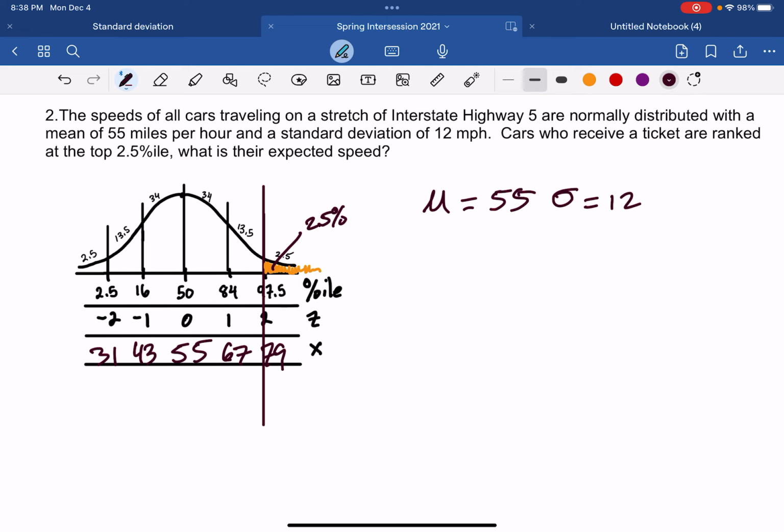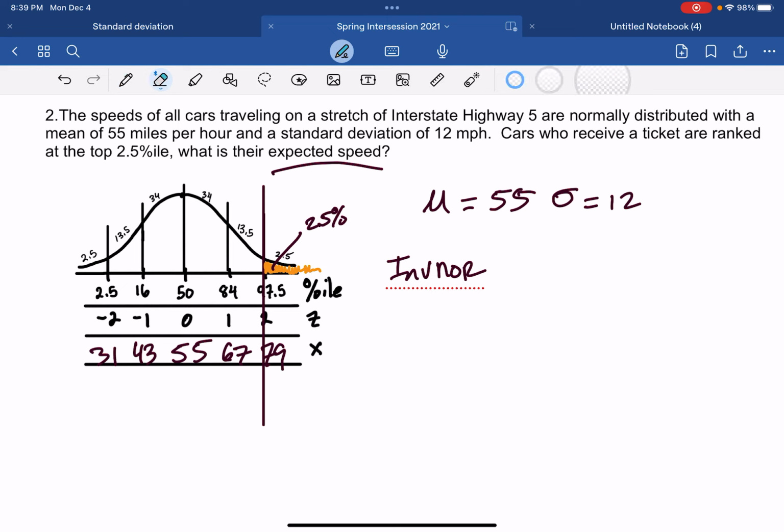Now, on the calculator there is an inverse normal. The inverse normal will give you the answer that you want, because in this case we're estimating the expected speed.